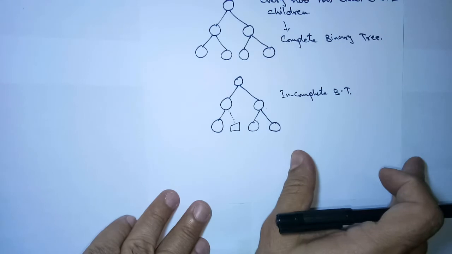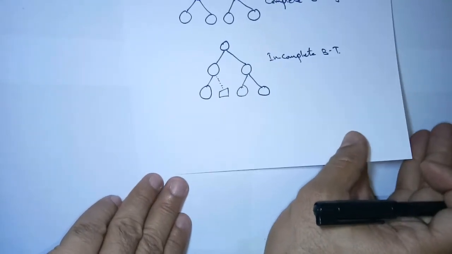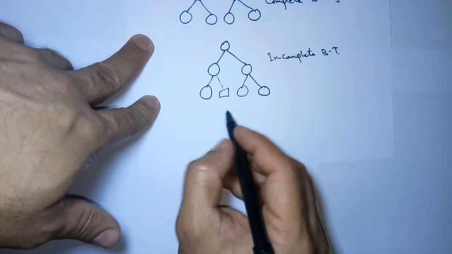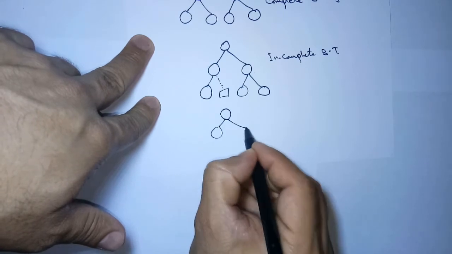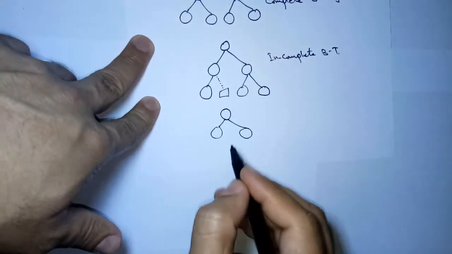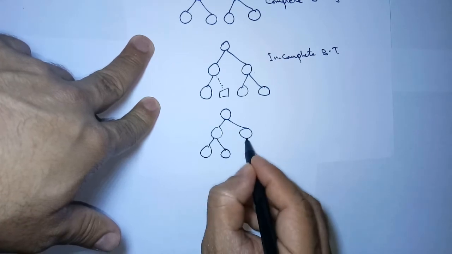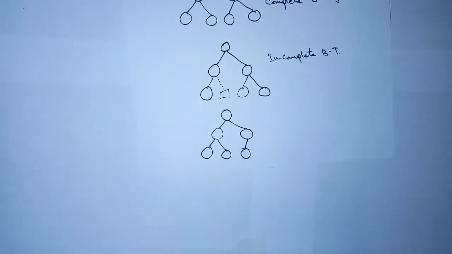Now what is an almost complete binary tree or nearly complete binary tree? That is important. So if there are scenarios like this, the root node has two children, and the left node also has two children, right? The right node has one child or zero children, whatever.